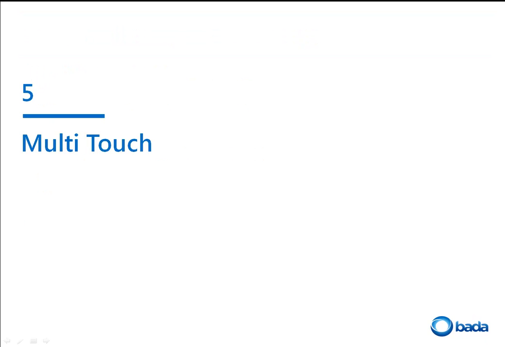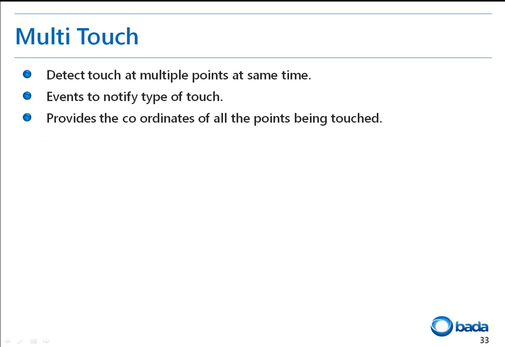Now, let's look at a more interesting feature of smartphones, i.e., multi-touch. Using multi-touch, we can detect touches at multiple points at the same time. This feature provides notification events specifying the type of touch and the coordinates of all the points being touched.